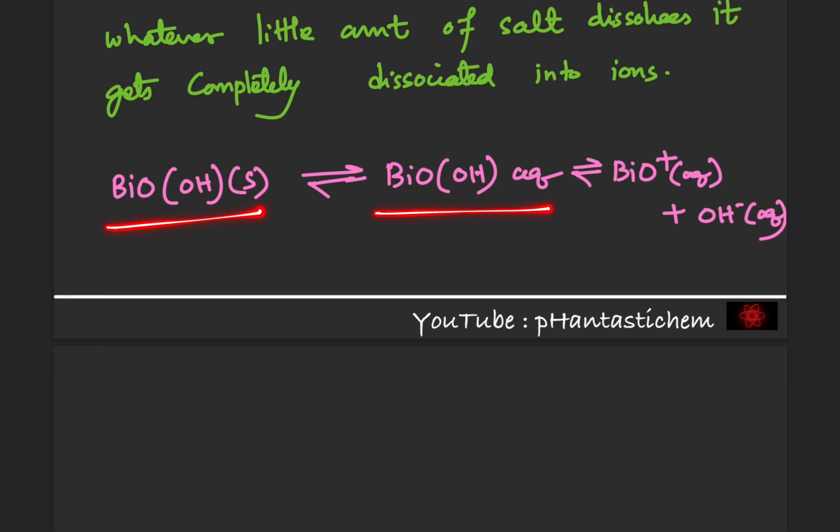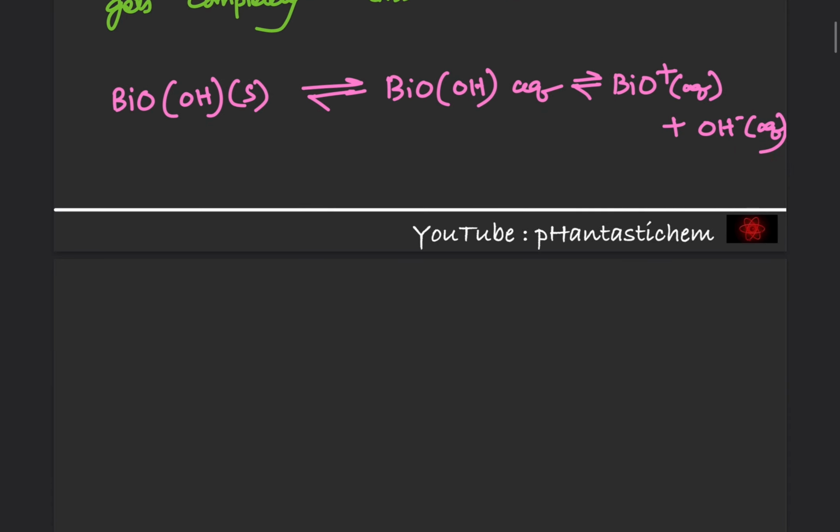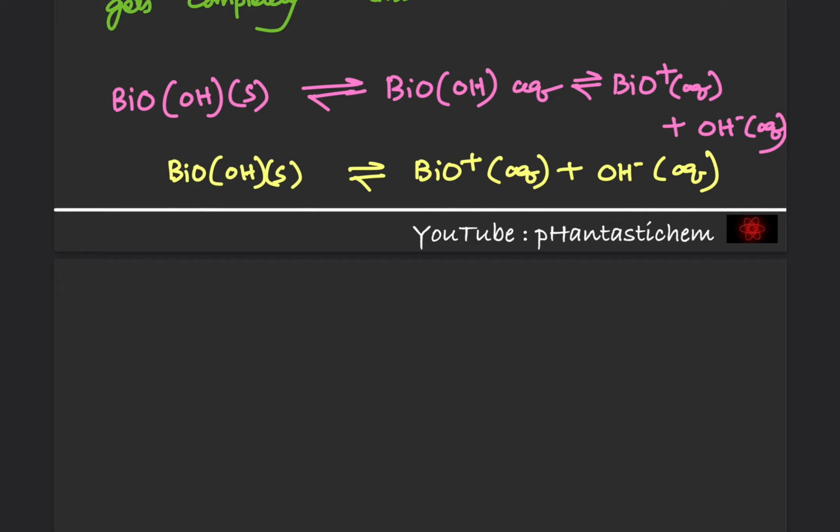This is whatever went in and dissolved, and this shows whatever went in got completely dissociated into ions. Or we can directly write BiOOH solid is in equilibrium with BiO plus aqueous, the ions, plus OH minus aqueous.